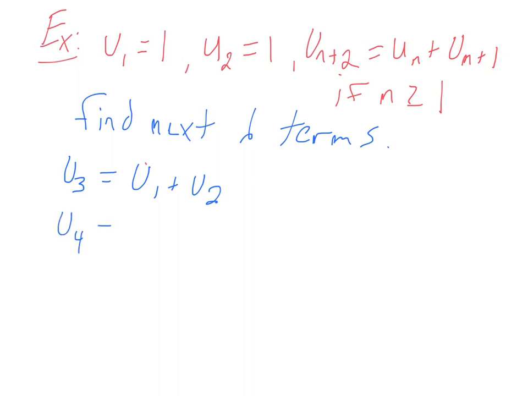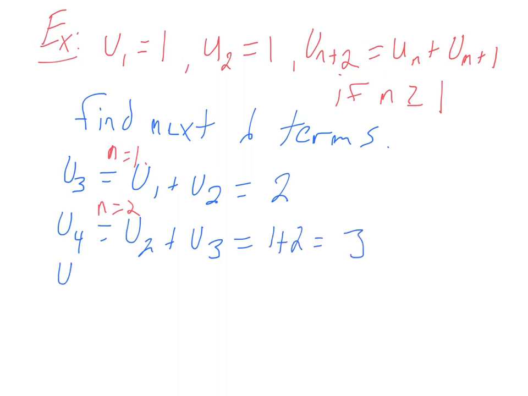u sub 4 then is going to be equal to, oh sorry, I actually have to add this up. u sub 1 is 1, u sub 2 is 2. u sub 4 is going to be u sub 2 plus u sub 3, because in this case n is equal to 2, and that will give us 1 plus 2, which is equal to 3. u sub 5 will give us u sub 3 plus u sub 4, which is going to be 2 plus 3, which is 5.